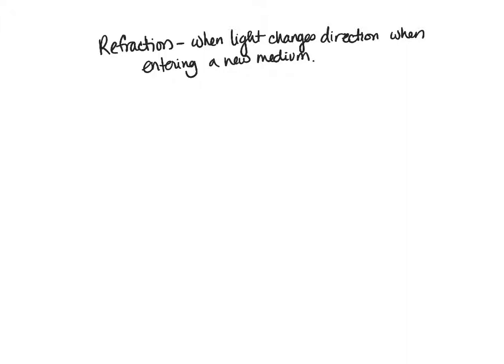So the reason that we have refraction: if we are sending a beam of light through one medium, and then that beam of light runs into and starts to go through another medium, we have this change that happens. This is refraction. It changes the direction of the light.